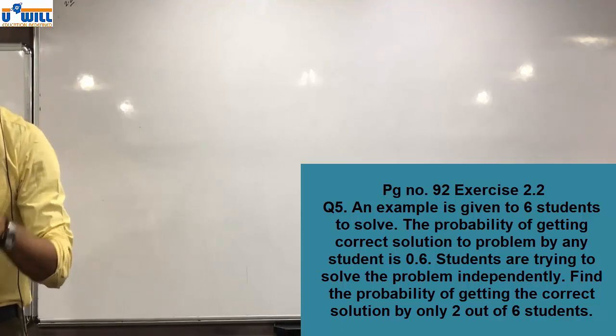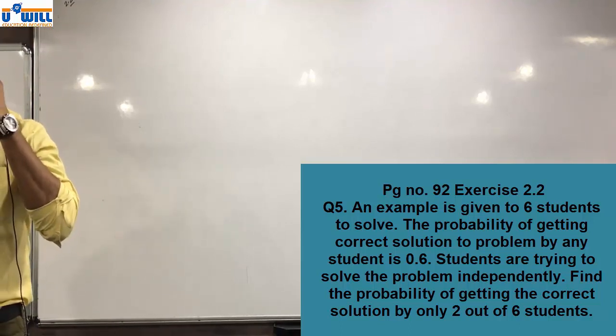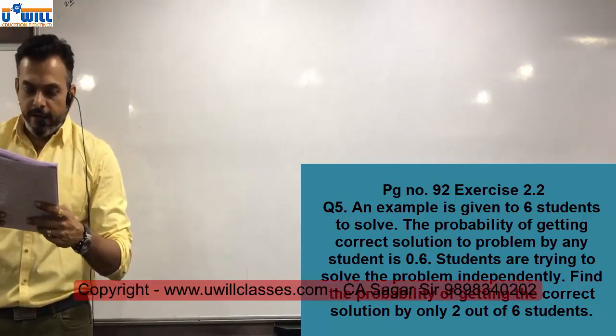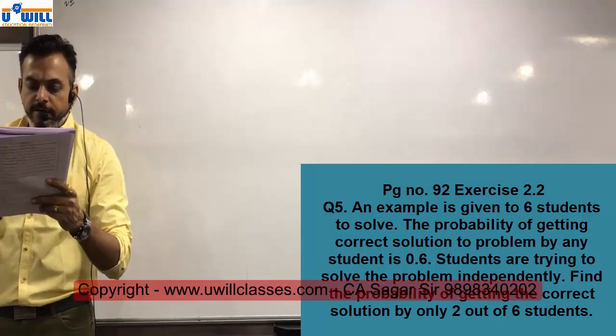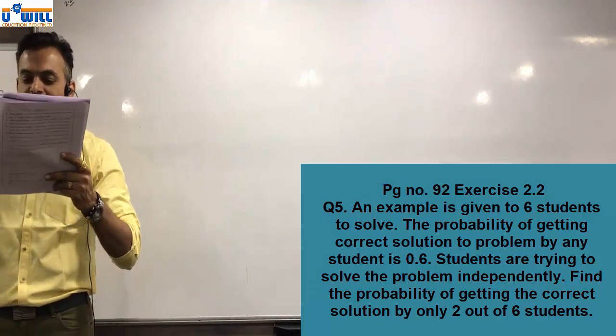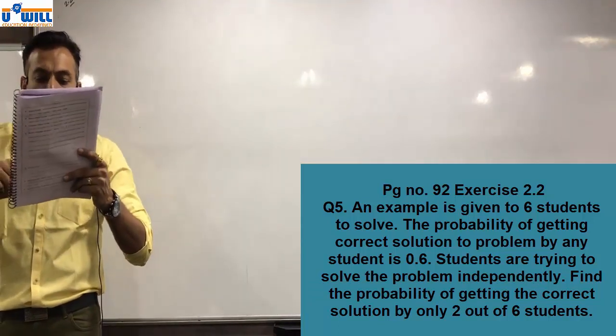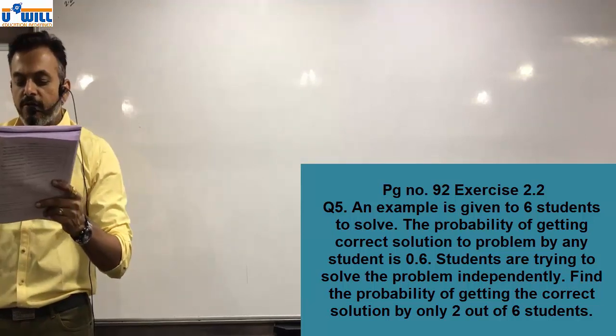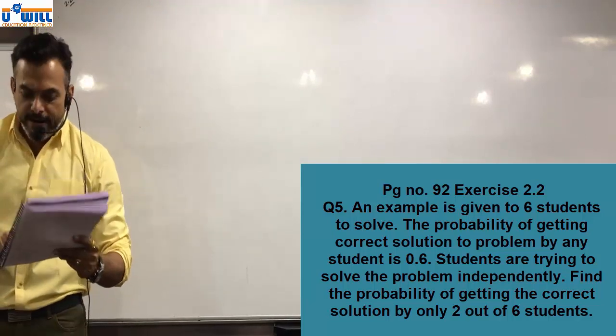Question number 5, page number 92. An example is given to 6 students to solve. The probability of getting the correct solution of the problem by any student is 0.6. Students are trying to solve the problem independently.